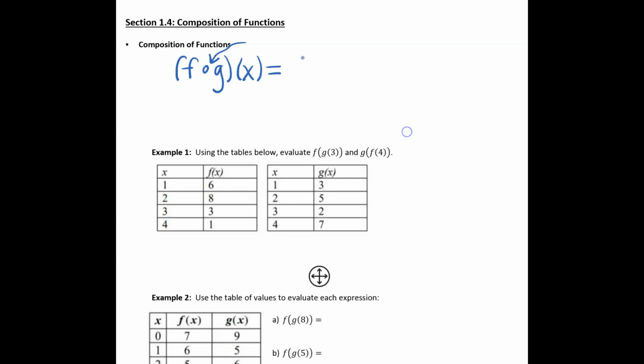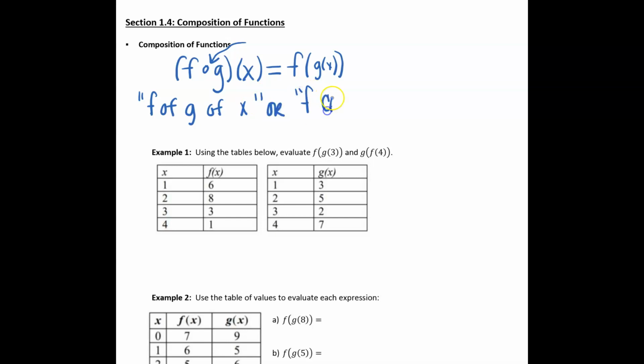What this means is that we're going to take our f function, and instead of plugging in a value for x like we typically do, we're going to be plugging in an equation such as g of x right there. Verbally, it would be read as f of g of x, or f composed with g of x.